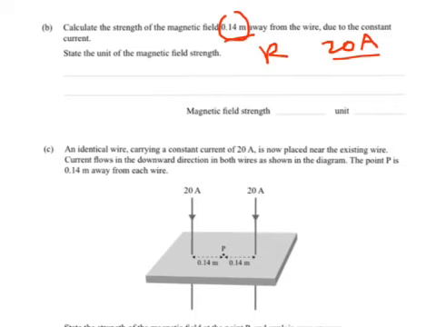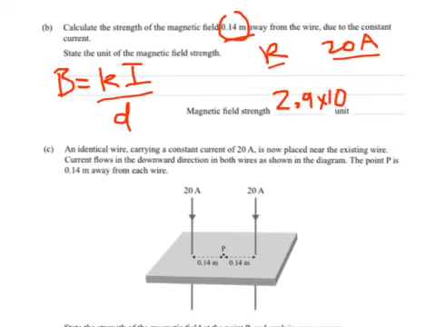We were also given the constant K at the top, and the formula that links those is B equals Ki over D. When you put those numbers into the equation and calculate it, you find the magnetic field comes out at 2.9 times 10 to the -5, and the units are teslas, T, which is the unit for magnetic field. It's a strange one because we're not used to it, but it's still fine.